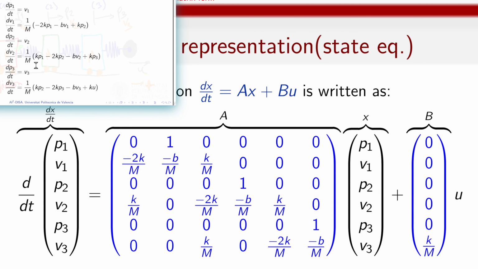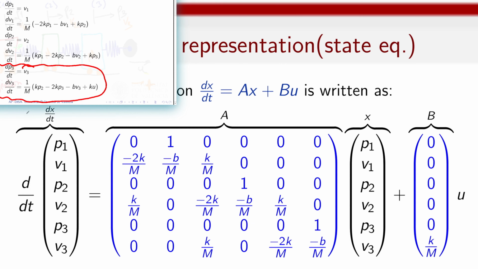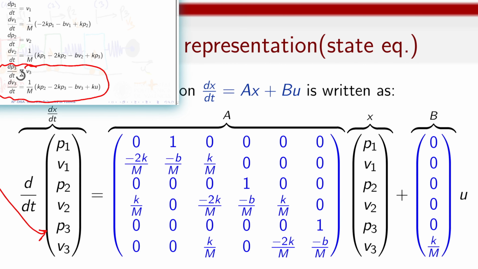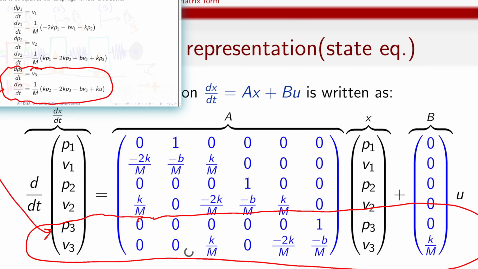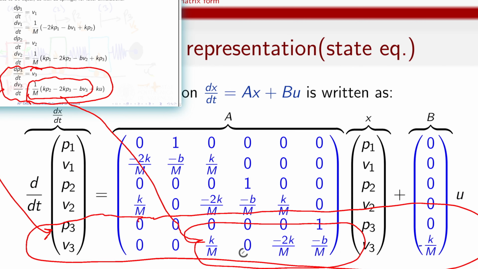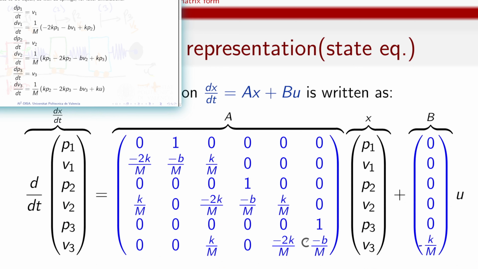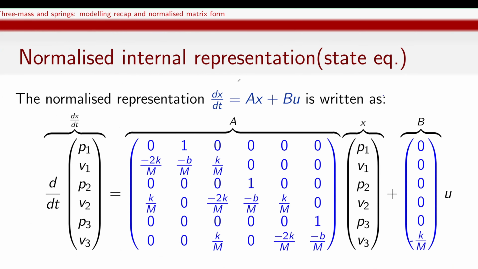And again, I let you pause the video and realize that these two equations correspond to the last rows of the matrices. So this ku appeared here, and the rest of the coefficients in here will end up in the corresponding row of A. So as I said, you can pause the video and do it by yourself. With this, we'll have the matrix representation of the state equation in here.